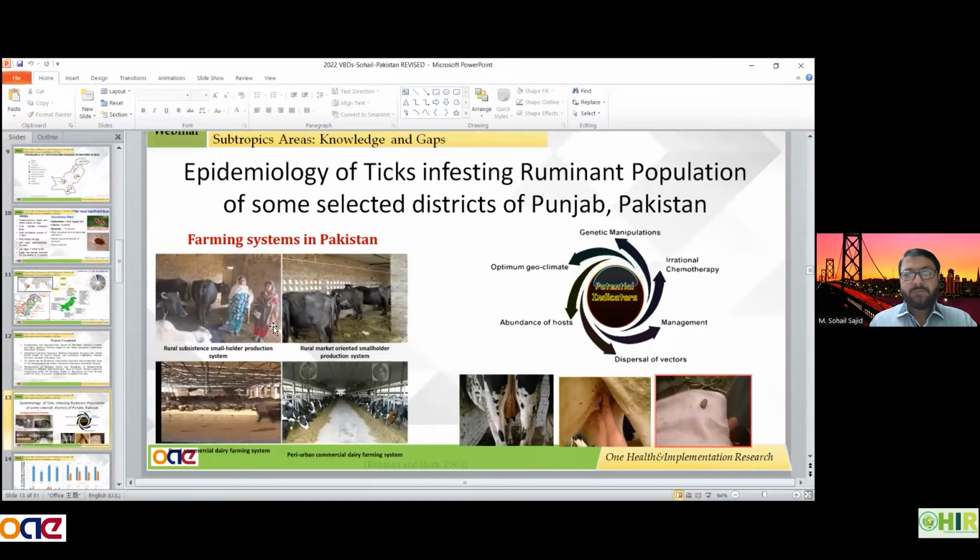So all of these 4 kinds, we cannot say that they are devoid of arthropods in spite of their state-of-the-art facilities. We can say that the right lower panel, the peri-urban commercial dairy farming, can have the optimum preventive measures to get rid of the situations.